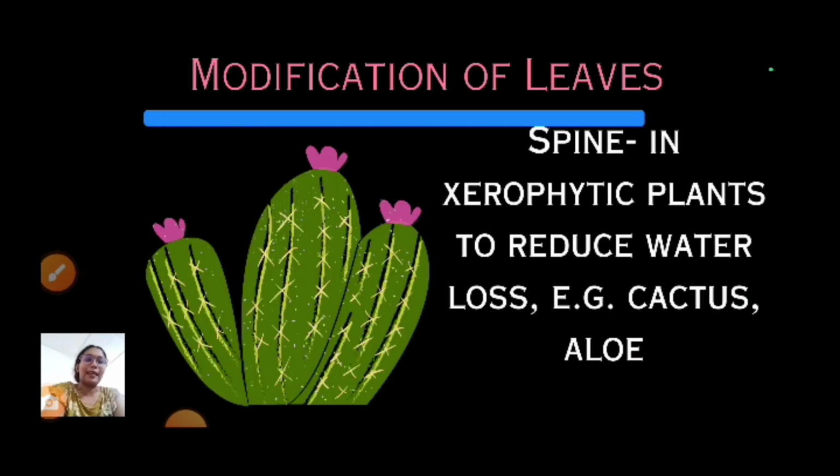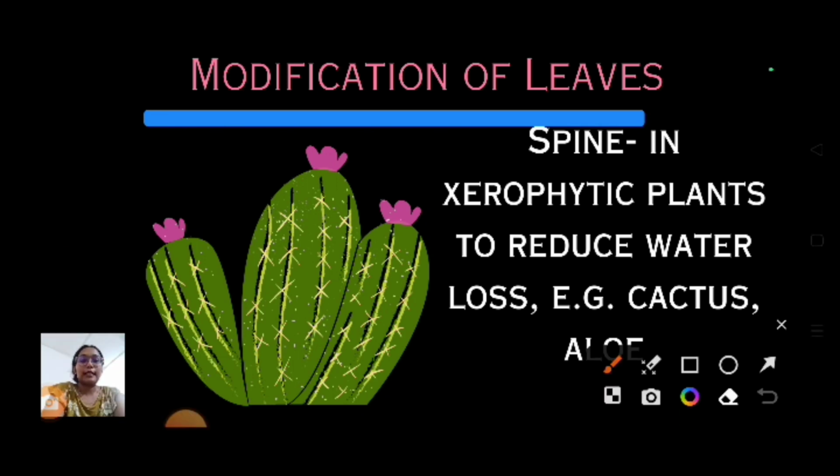Then moving on to the next slide. So next modification is spines. In case of xerophytic plants, what do you mean by xerophytic plants? The ones which are present in desert conditions, in dry areas, are known as xerophytes.